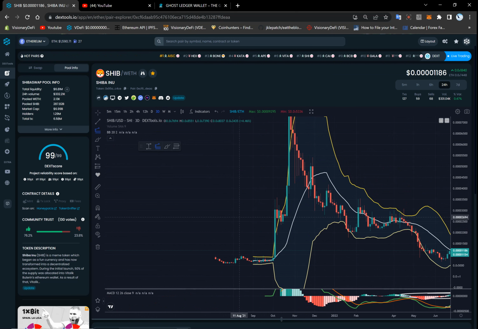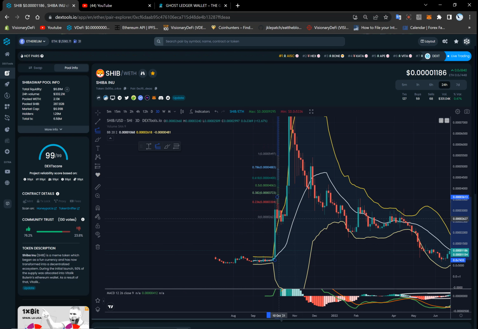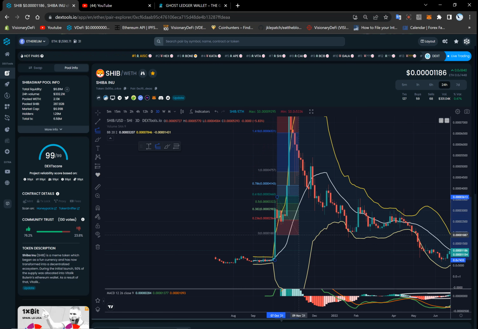We're going to plug in the fib extension where price began here, and then where price stopped, and then where price came back down to. It's tough because one of the candles came all the way back down here, so we have to go with where the last candle stopped.